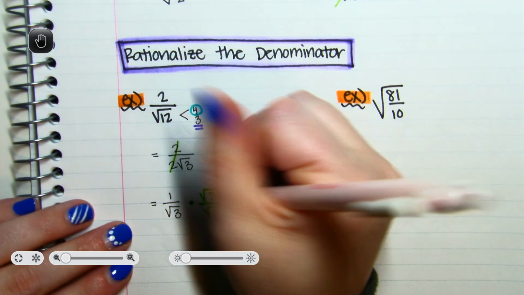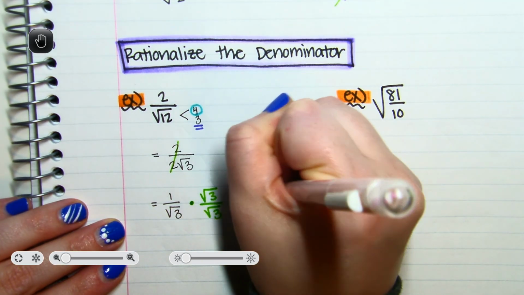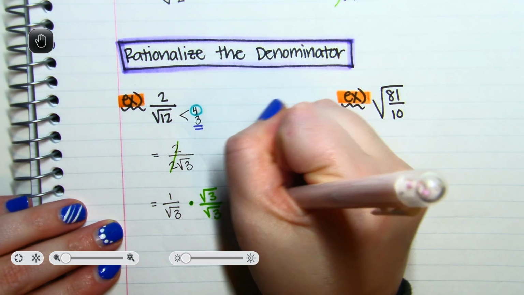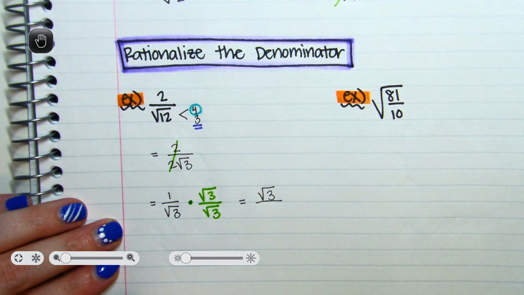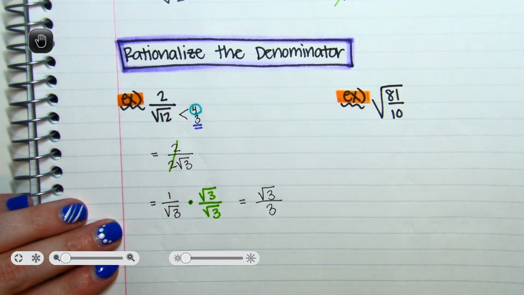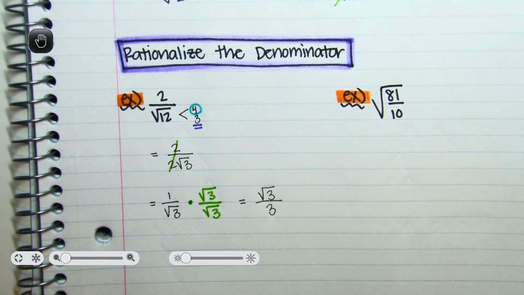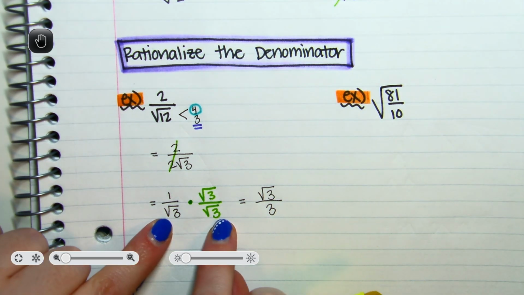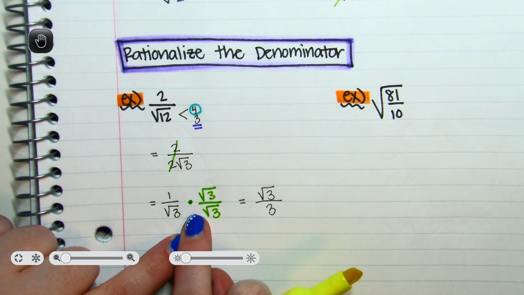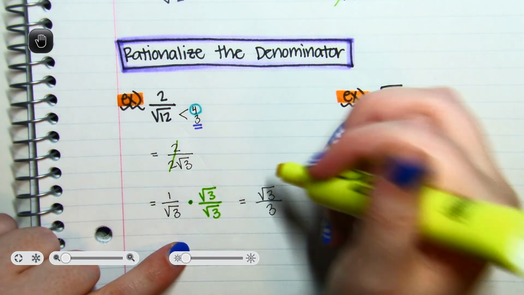When I do that, the top will become the square root of 3, because 1 times rad 3 is rad 3. And then on the bottom, rad 3 times rad 3 is 3. And remember, that is your property. Rad 3 times rad 3 smushes together and becomes radical 9, and the square root of 9 is 3.